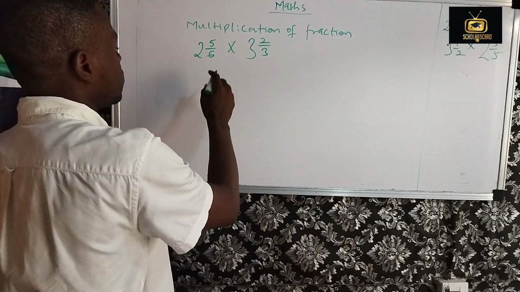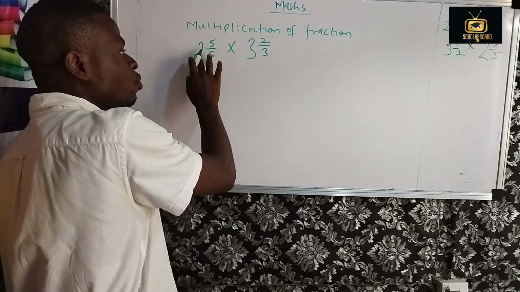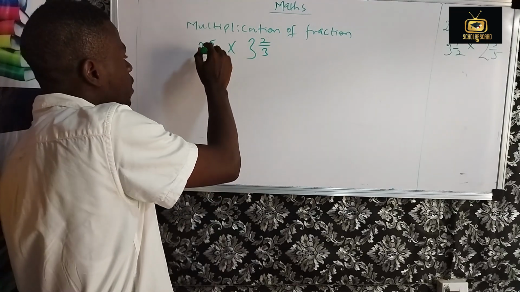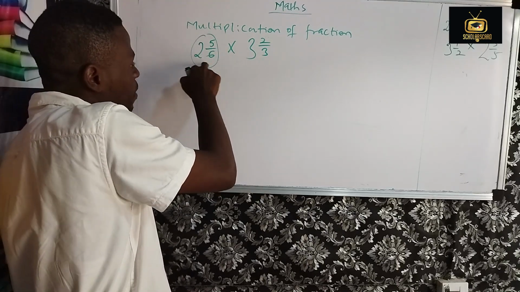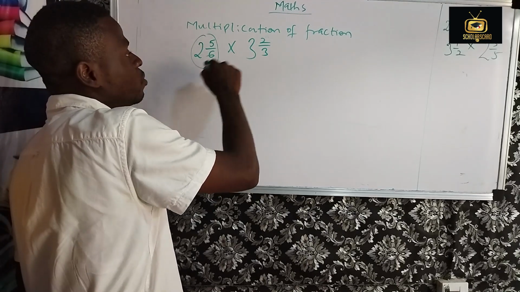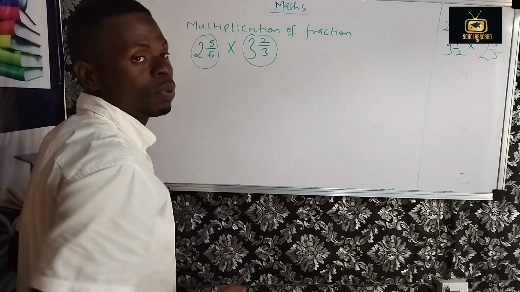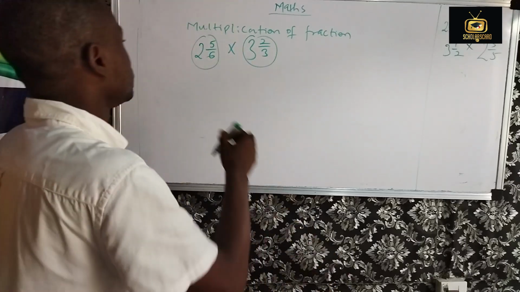The whole of this, we turn it to an improper fraction. We also turn this one to an improper fraction. Now let us go.